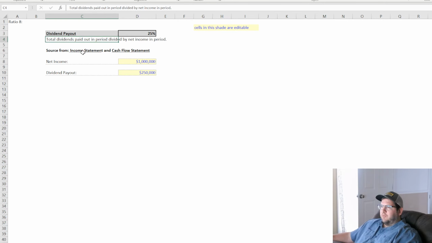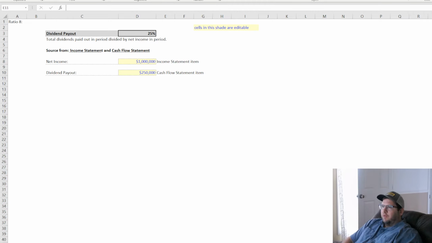Period divided. Okay, that was easy. Income statement item, cash flow statement item. I'm assuming, let me double check, dividends paid on cash flow statement. Pretty sure that's where they go.